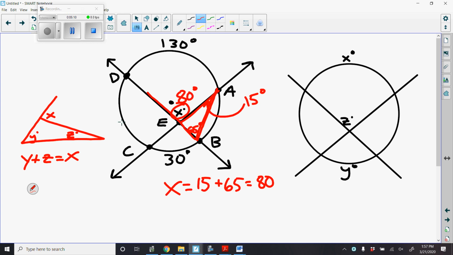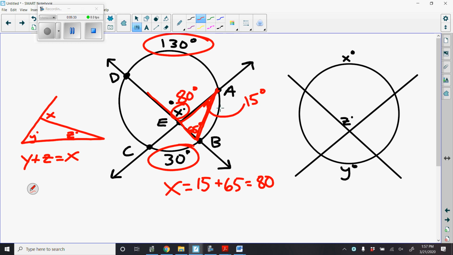My question is, how can we get that answer just looking at the two bends that we have? Well, if you think about it, where did this 80 come from? It was half of 130 plus half of 30.